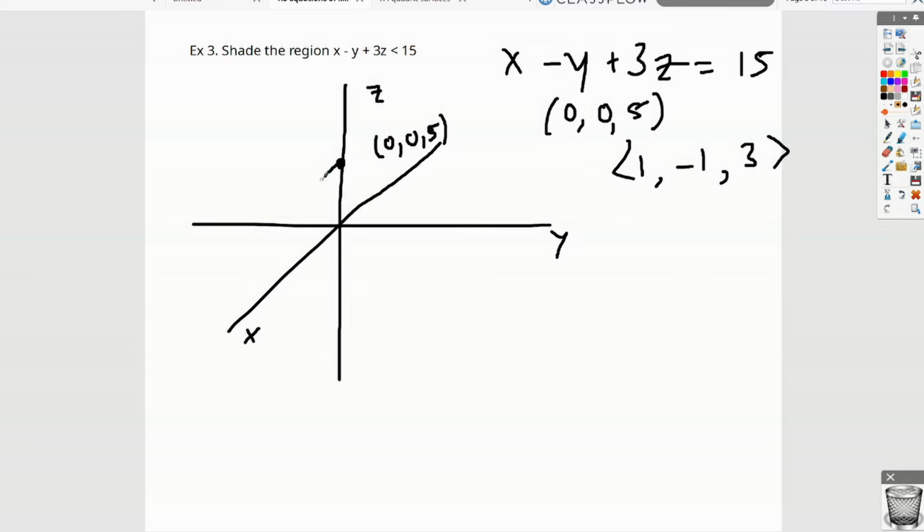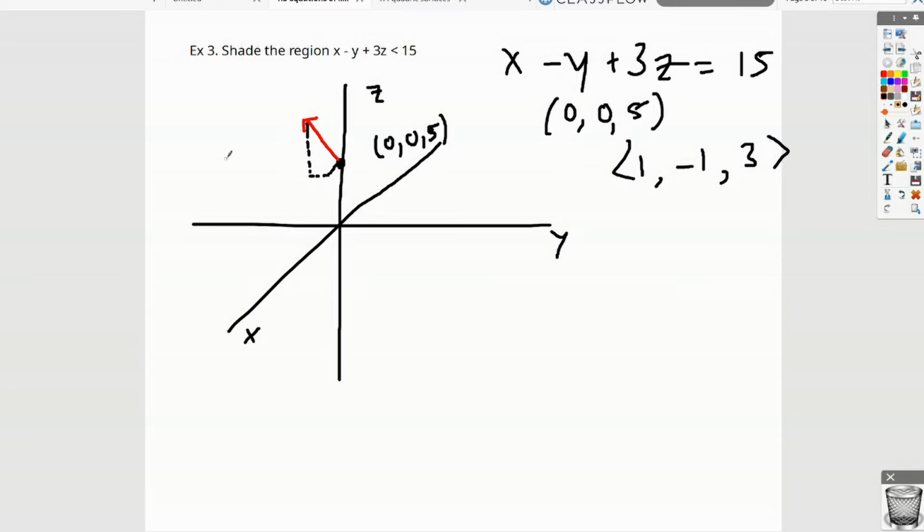Something like that, 1 and negative 1, and then something like that. So that would be your normal vector right there. Let's use a different color. So that's 1, negative 1, and 3.